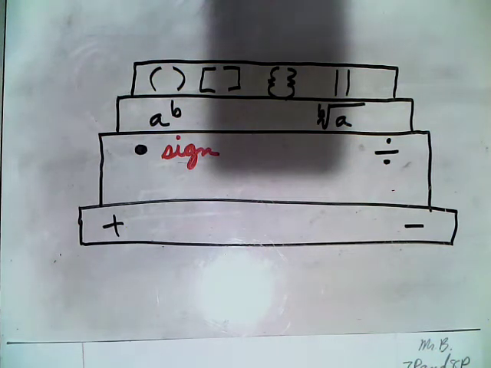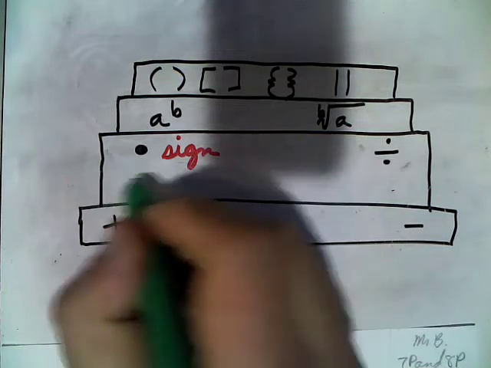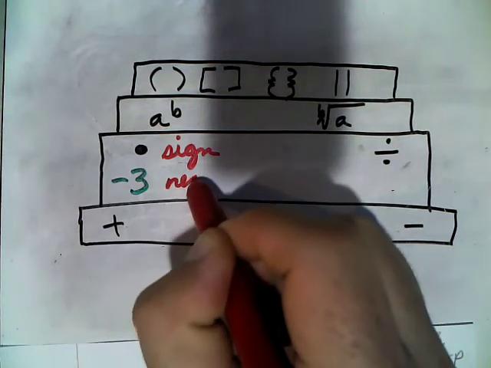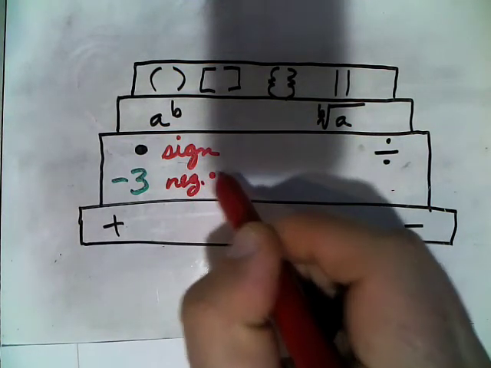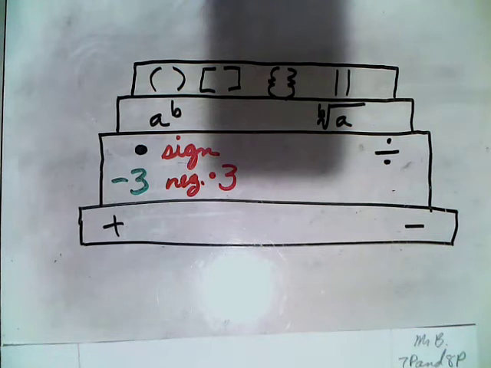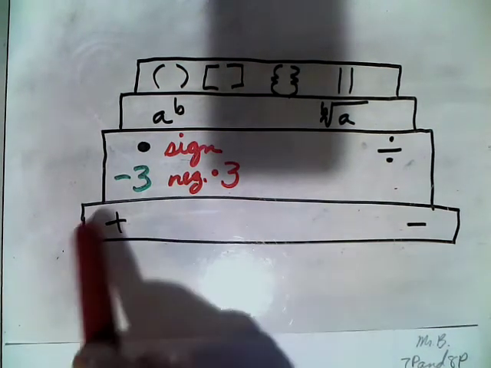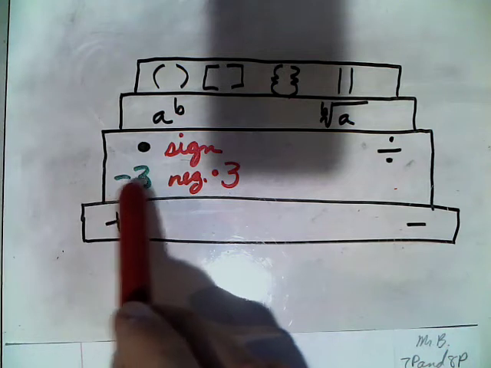And so in some ways we could almost imagine -3 as saying the negative sign times 3. Okay, it's not right. It's not actually a multiplication sign, but that's the kind of strength of this connection.